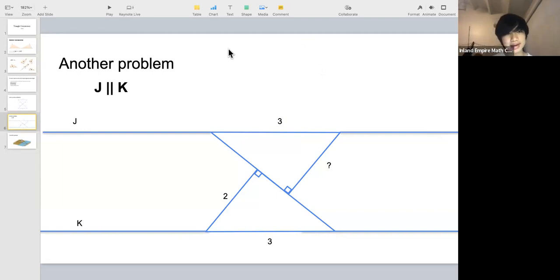So today, for this question, we will be wondering what this length is right here. That length right there. Maybe I should use a different color. Red, yeah. So what this length is right here.